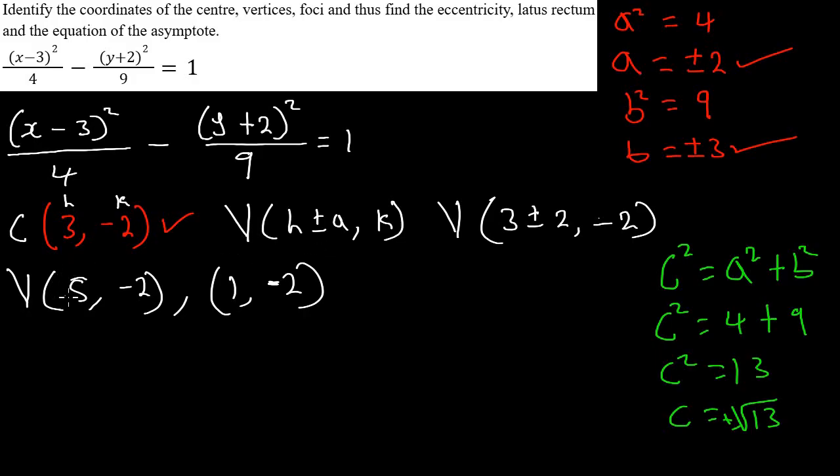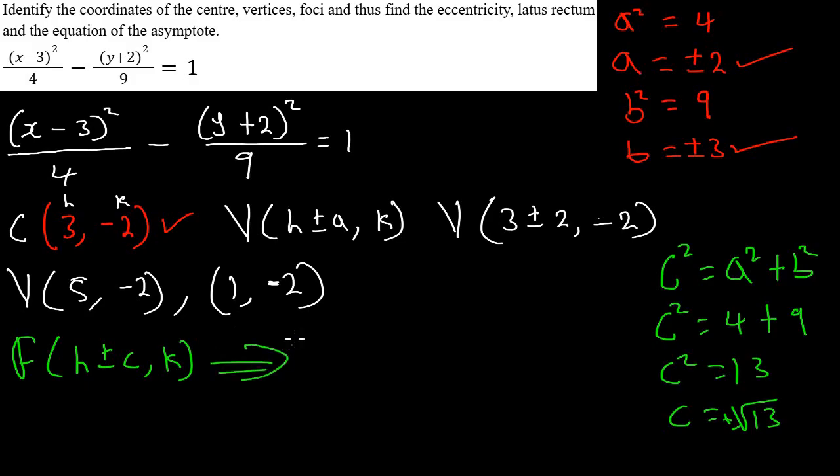Then the coordinate of the foci, since it's not centered at origin and horizontally orientated, will be of this form, F in the bracket. So it's going to be H plus or minus C, K. Excellent. So H is 3, remember, K is minus 2.